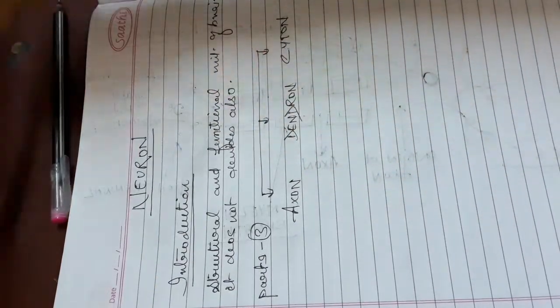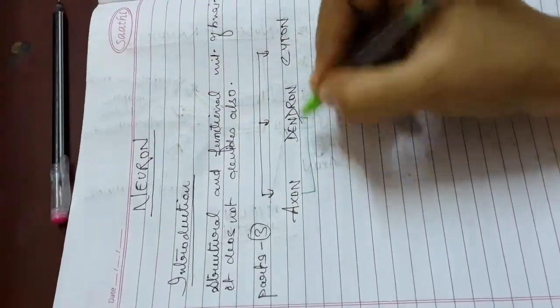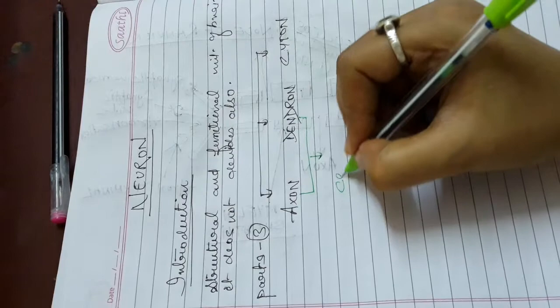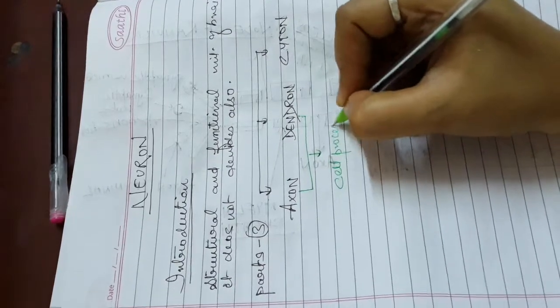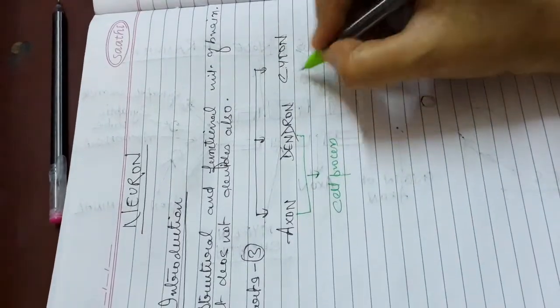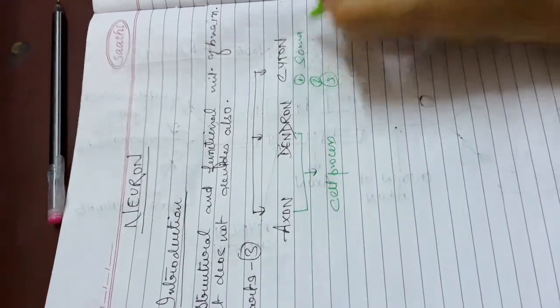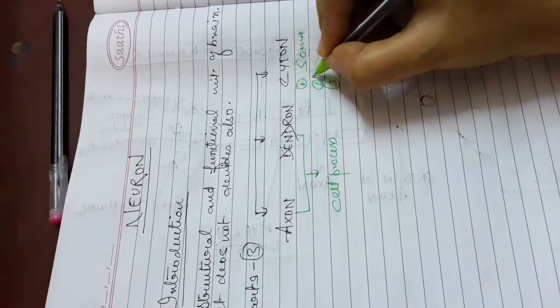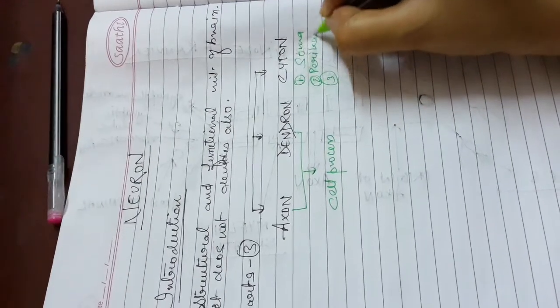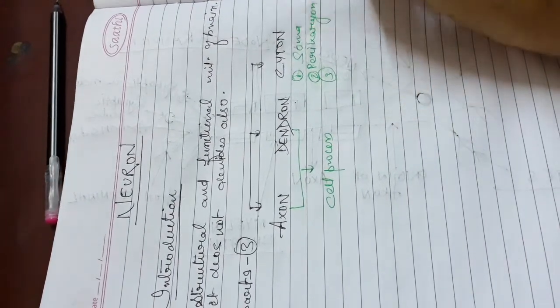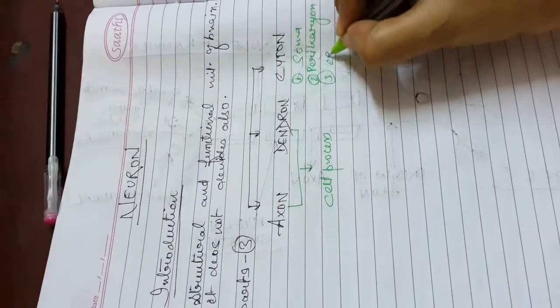The axon and dendron combinedly are called the cell process. And the cyton has three other names also: soma, second one is perikaryon, and the last one is cell body.